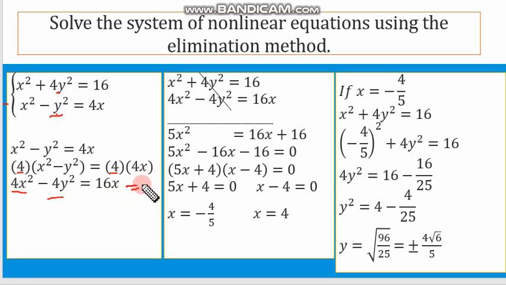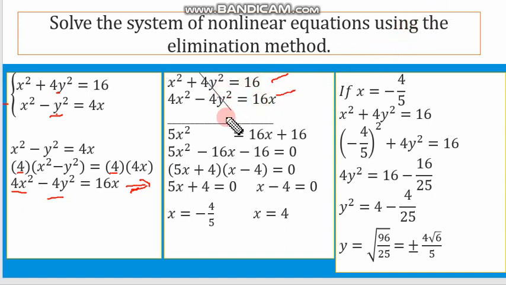We will use this new equation of our second equation to eliminate in our system. So x squared plus 4y squared equals 16, our first equation, and our new second equation is 4x squared minus 4y squared equals 16x.